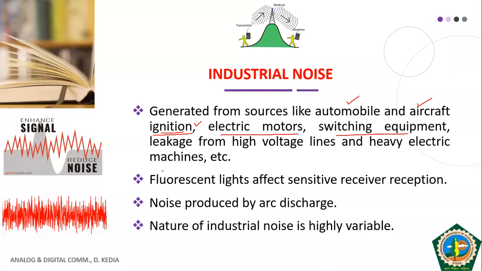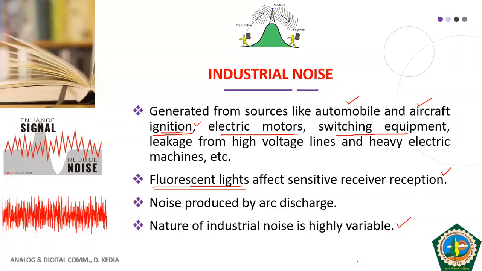Another source of industrial noise is fluorescent lights. They also affect sensitive receiver reception. If your receiver is sensitive enough, it will get the disturbance or noise from fluorescent lights also. The sources of industrial noise range from very small sources to very big sources, so the nature of industrial noise is highly variable.